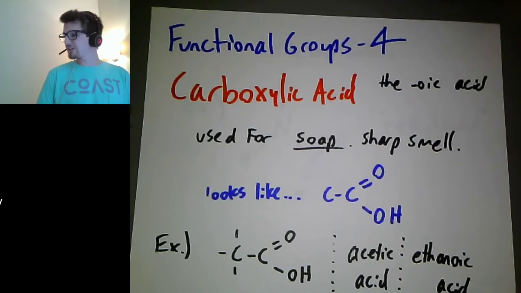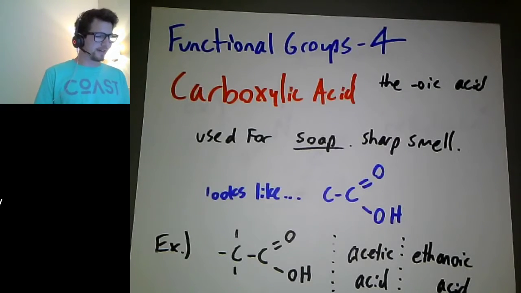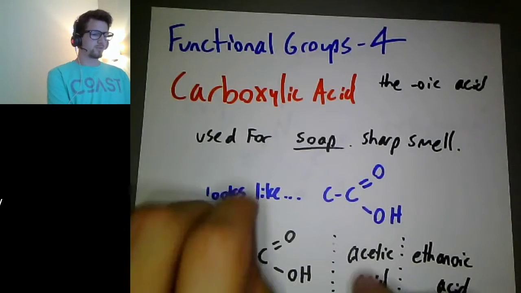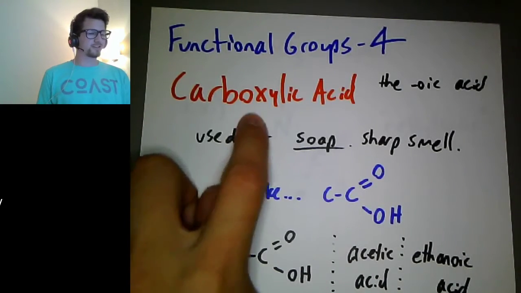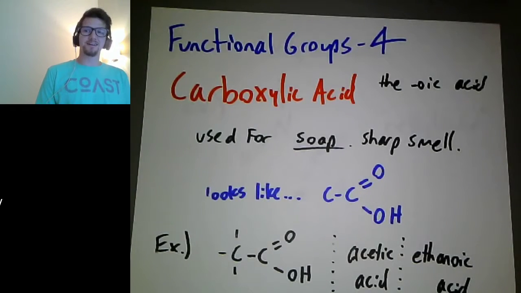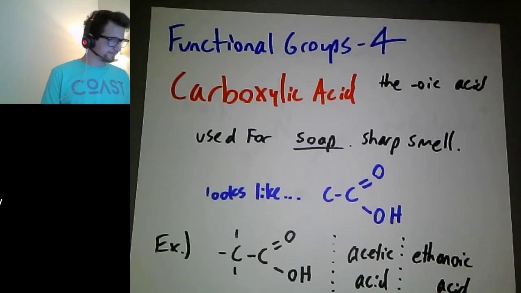But let's finish up functional groups today, and then we'll have a functional group quiz tomorrow. Yay! We got three today. The first one is a carboxylic acid, which is the oic acid.